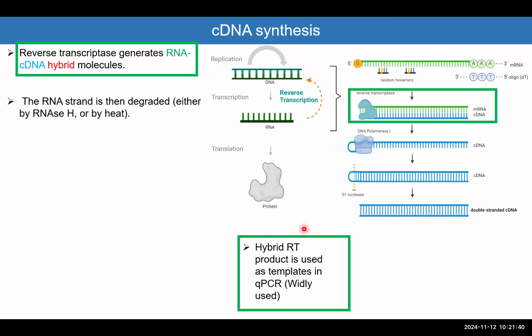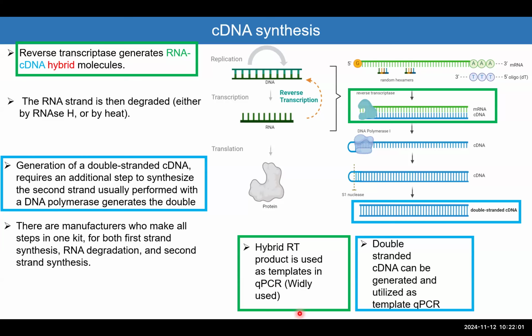Okay? Now, whenever you generate a hybrid cDNA messenger RNA, that can go and can be used as a template, as is written in this. So this hybrid molecule generated in the first step of RT can be used as a qPCR template, or you can use another kit, as I mentioned, and that will make a double-stranded, and that can be used also in qPCR.